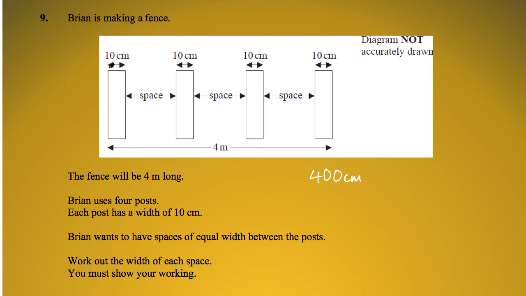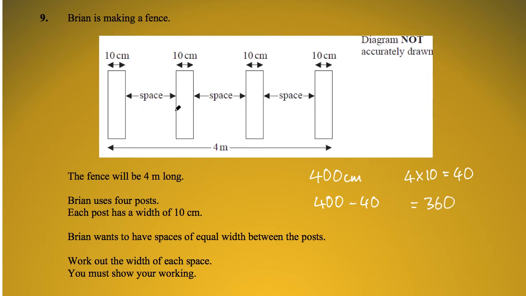But first of all, we need to remove the width of the fence posts. So we can see that there are 4 fence posts in there, each one 10 centimeters. So the spaces are going to be what's left when we've taken away that 40. So the total of all the spaces is going to be 400 minus 40, which is 360.